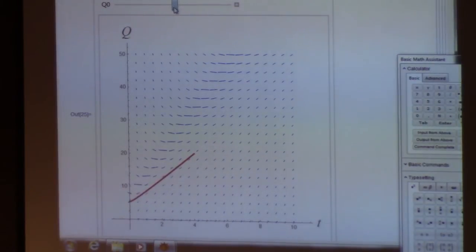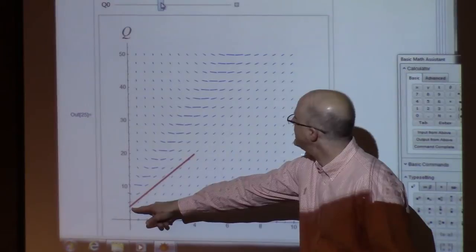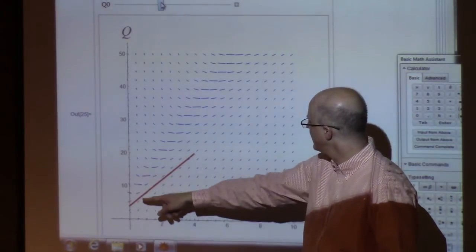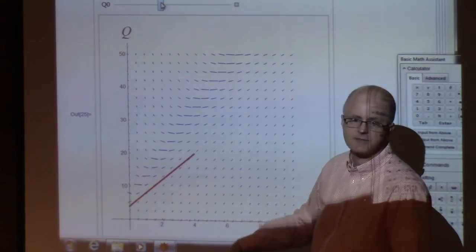It does seem possible that maybe there's a constant, not a constant function, but a straight line that solves the differential equation. Maybe with a y-intercept of 3 or 4, and a slope. Actually, I know the answer is 4. Y-intercept of 4, if Q0 is 4 to start off with, this actually is a straight line, and I know the slope of the straight line is 4 as well.